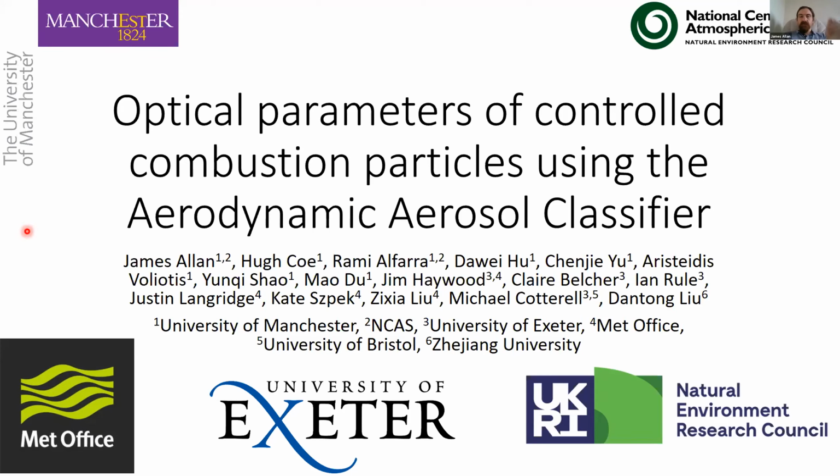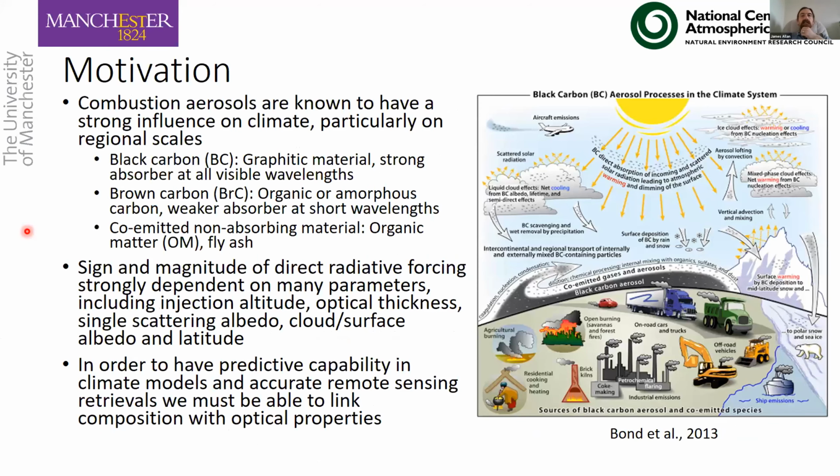So first of all, just a quick bit of motivation. I hope I don't have to sell this too hard: people within the climate community are very interested in light absorbing aerosols, particularly from combustion at the moment. And I must stress, aside from all the usual motivation for global climate, these are particularly important for regional climate due to their short atmospheric lifetime.